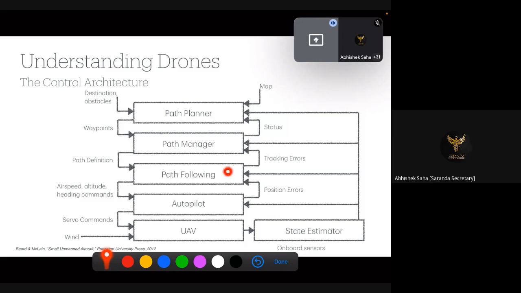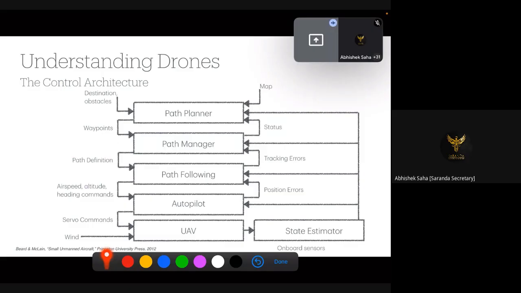This is what goes to something known as the path following commander. This path following commander is responsible for generating these airspeed, altitude, and heading commands. So the path following module generates commands for the autopilot based on the position error information and the path definition. What is path definition?